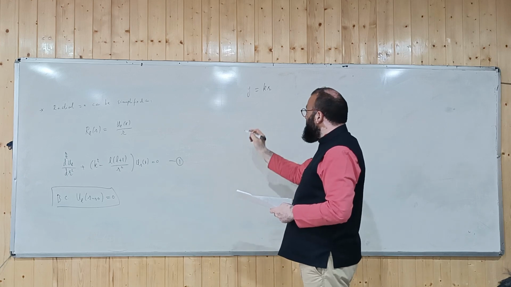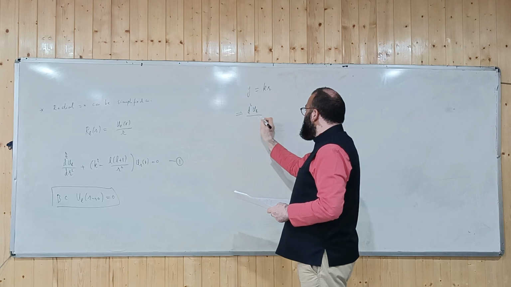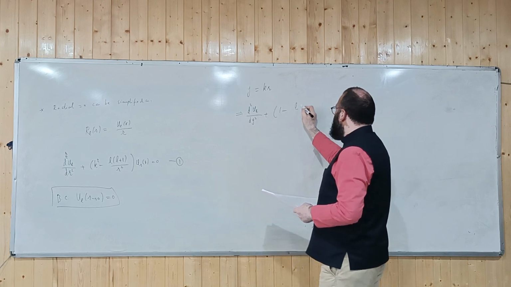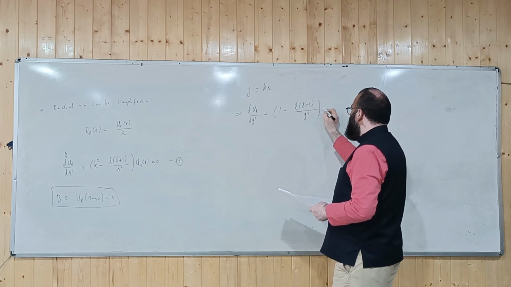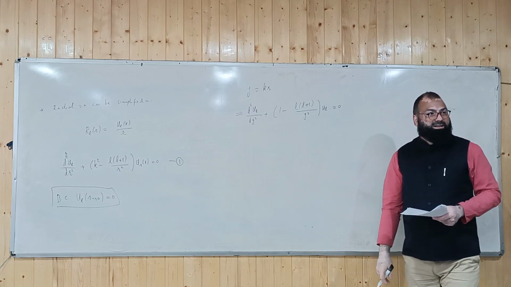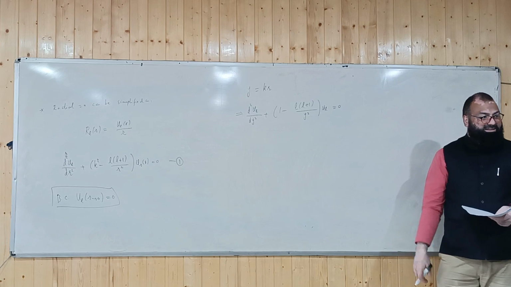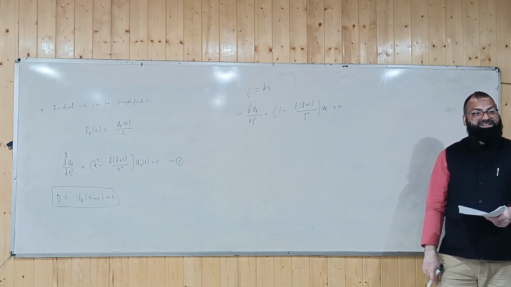How does the equation look? It is simply d2u_L by dy2 plus 1 minus L into L plus 1 by y squared, times u_L, equal to 0. Now it's a nice formula. If anybody can recognize this equation, it's a standard differential equation.